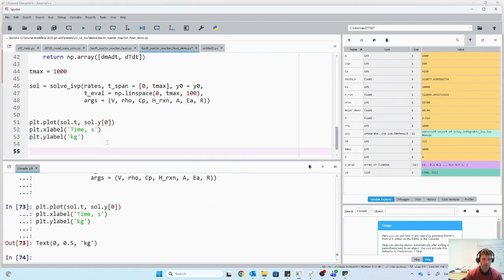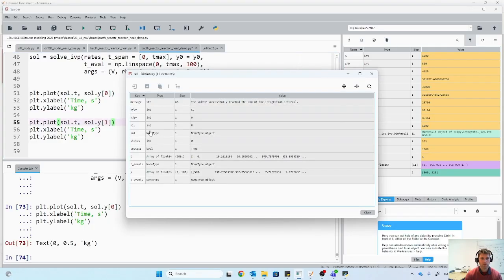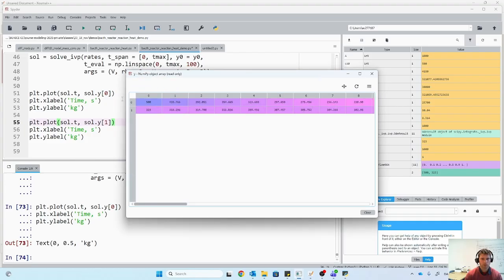What about the temperature? How does that behave? Copy the code here, and the other state variable, that will be temperature. We can kind of confirm this by going into the solution here. Oops. And see, the second row here, that is all the temperature data.